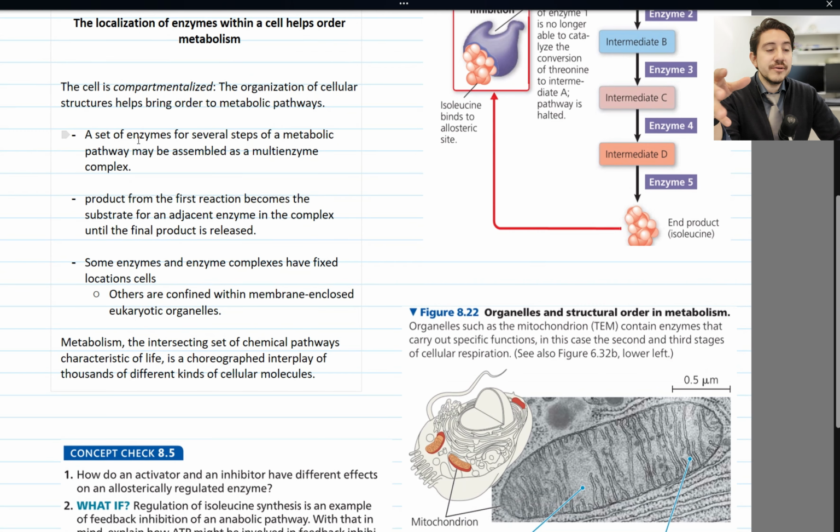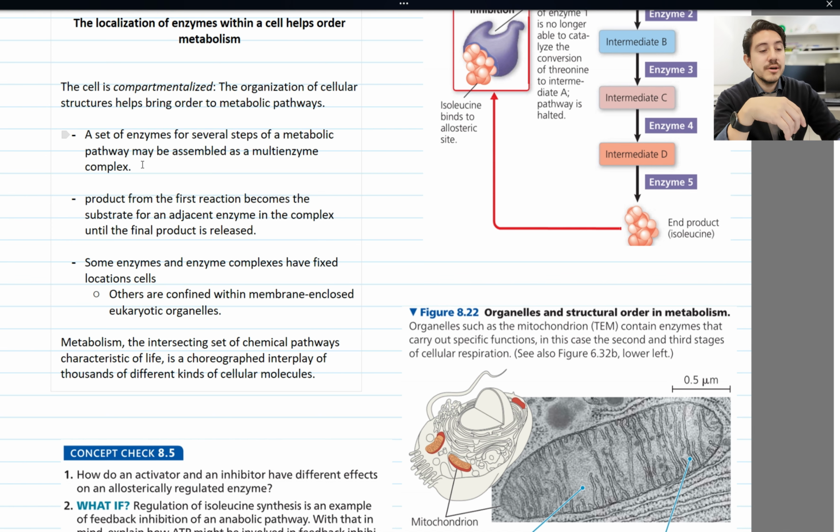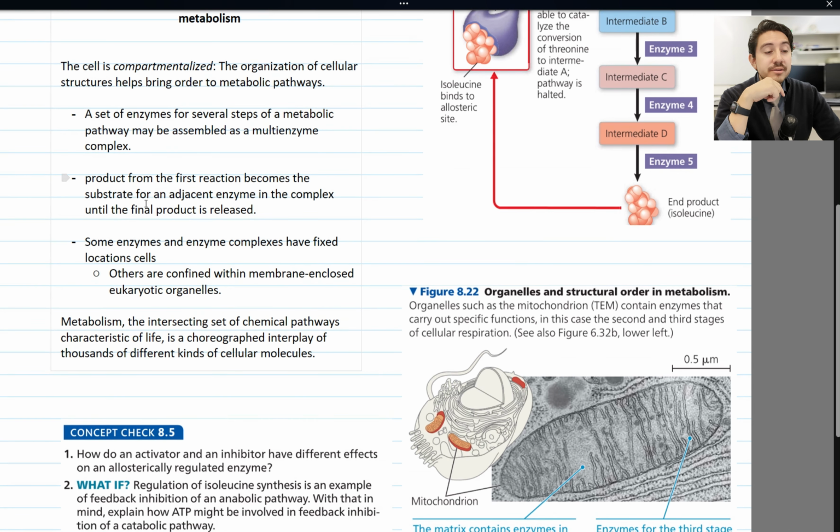If you have a set of enzymes that consist of several steps, you can have a multi-enzyme complex. So you can have the product of one moving to another and then another. The product of the first reaction becomes the substrate of the adjacent enzyme, as you see here, until the final product is released.